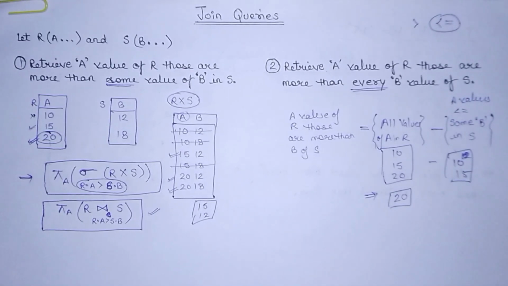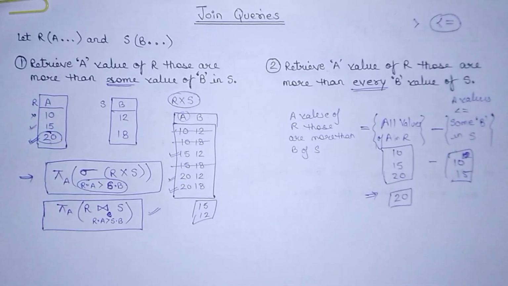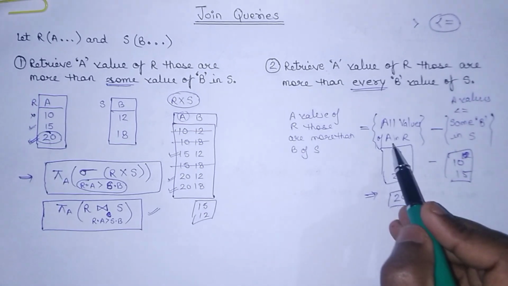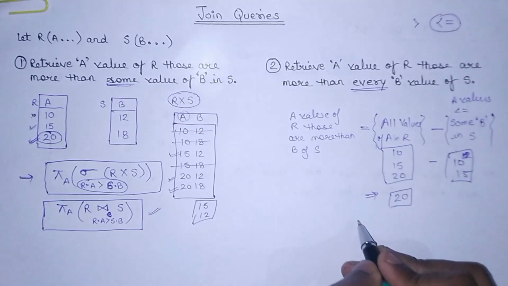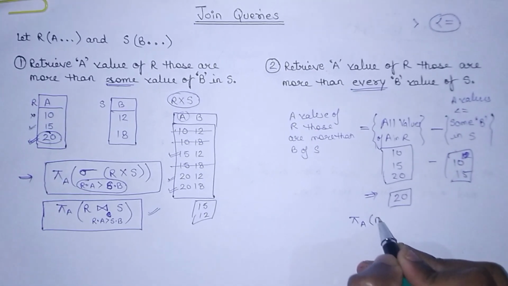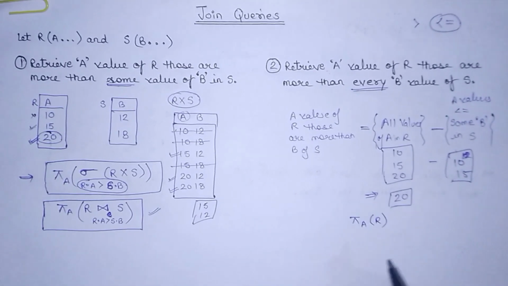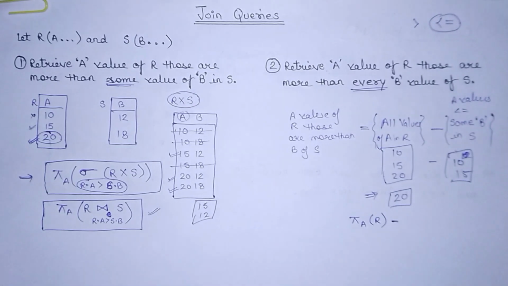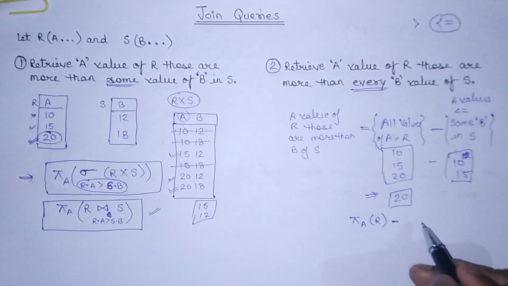Now how do we formulate the query? An easy way of formulating it is this: you know how to project all values of A in R. We simply use the projection. We have to project A values from R. This is okay. Now we have to subtract, that is a set difference. I will tell you about the set difference in the next video.